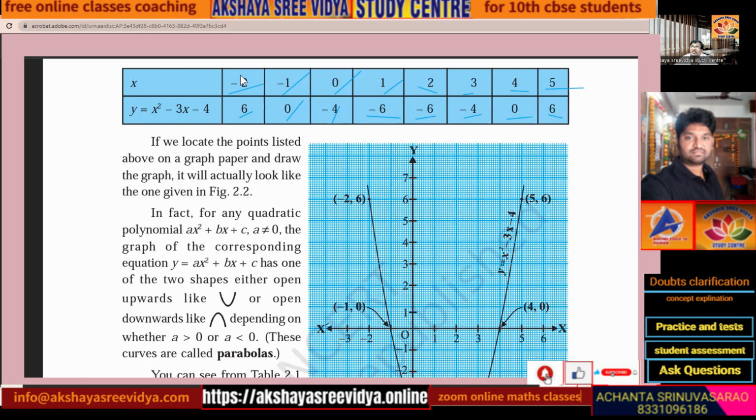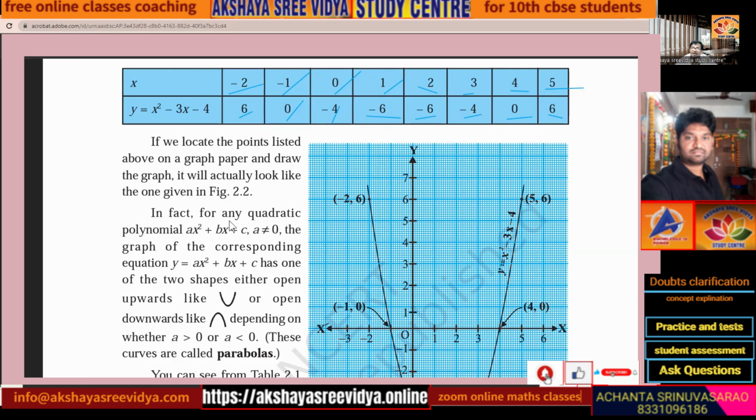That's the point. First -2, 6; -1, 0; 0, -4; 1, -6; 2, -6; 3, -4; 4, 0; 5, 6. If you look at the points listed, we actually plot them on the graph paper.